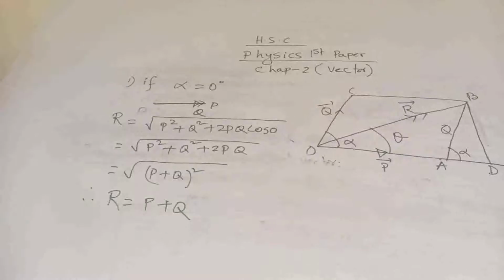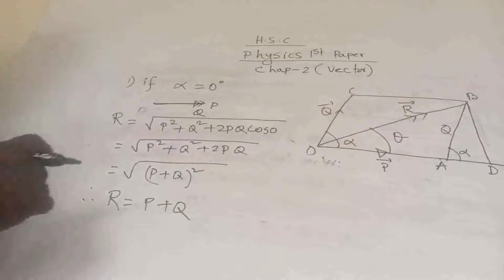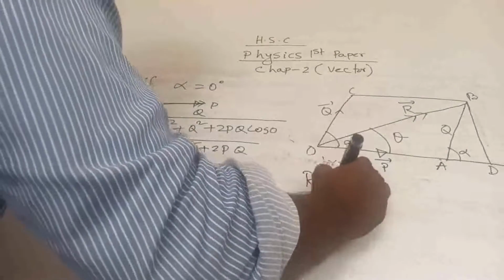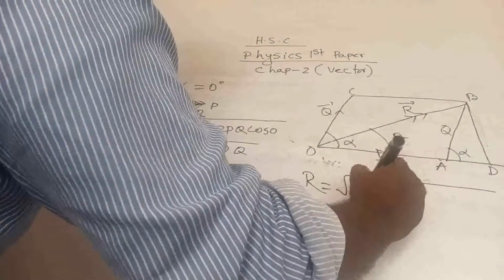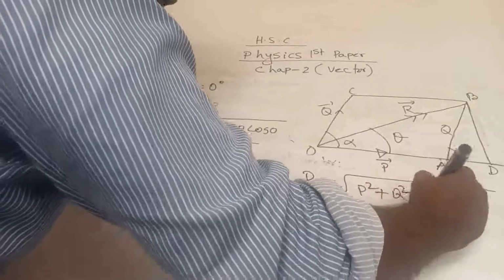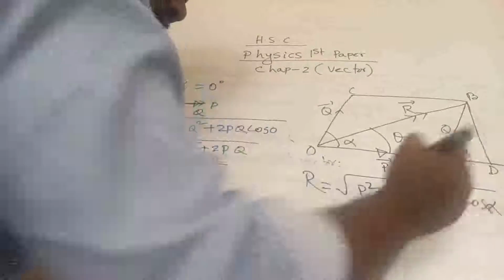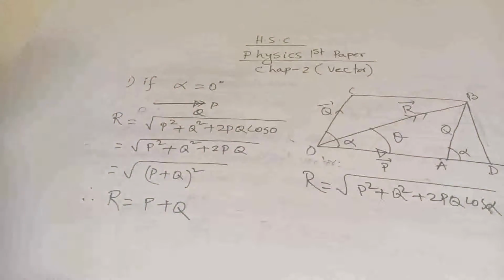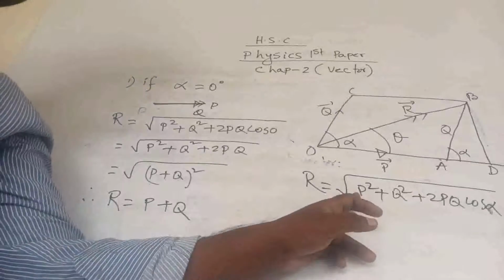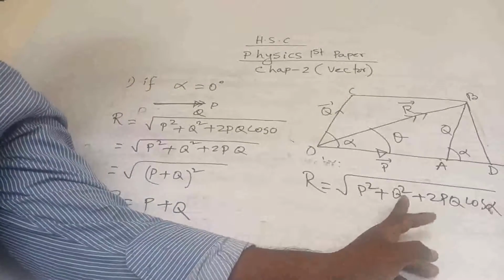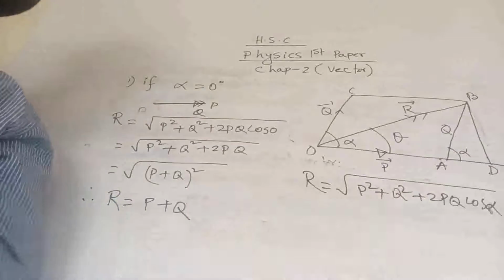Another thing, if you look at the basic formula, I write it here again. R square is equal to P square plus Q square plus 2PQ cos alpha. Look at this formula. You cannot change the magnitude of P, and you cannot change the magnitude of Q. What you can change is the angle.